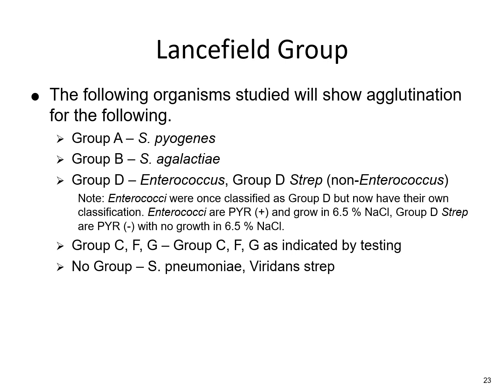So if you were to get a positive for a Group D, you would still need to further differentiate it into an Enterococcus or a non-Enterococcus Group D strep. And then, of course, your Strep pneumoniae and viridans strep do not fall into a grouping. So those would be identified based on other characteristics.